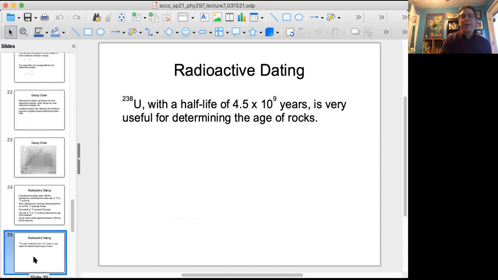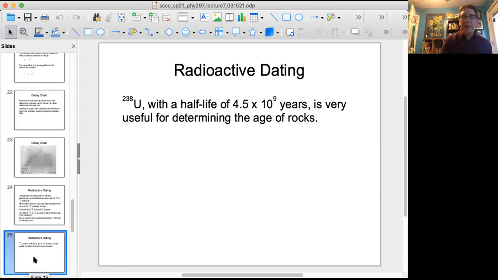And then we have the radioactive decay of uranium. Uranium-238 has a half-life of 4.5 times 10 to the 9 years, so 4.5 billion years, not a whole lot less than the age of the Earth, which is approximately 5 billion years. So that means it's a very useful half-life for dating rocks, and for dating a rock bed that has fossils in particular.